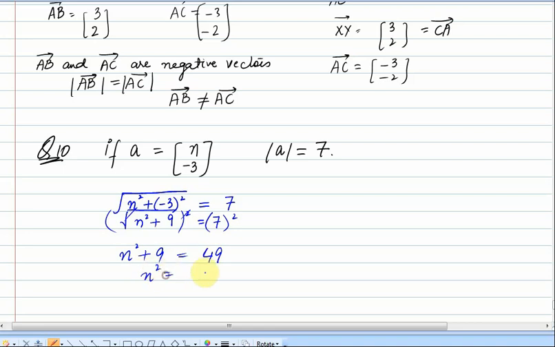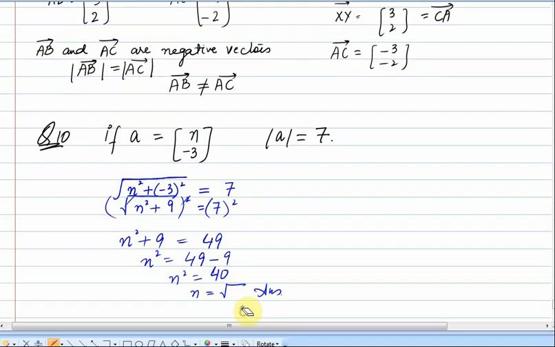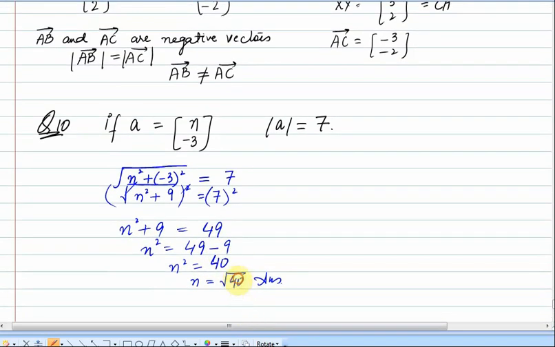So n square is equal to 49 minus 9. Sorry, 49 minus 9 is 40. So n square equals 40, and n is equal to plus or minus root 40. That is your answer, and you can leave your answer in the root form as it is mentioned in the question.